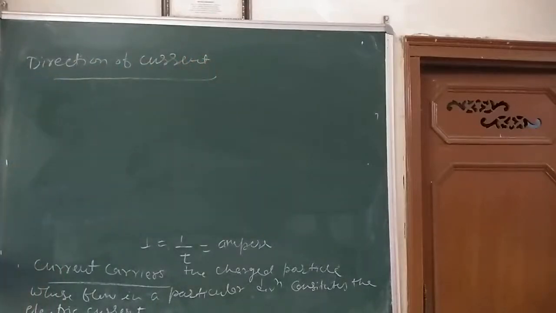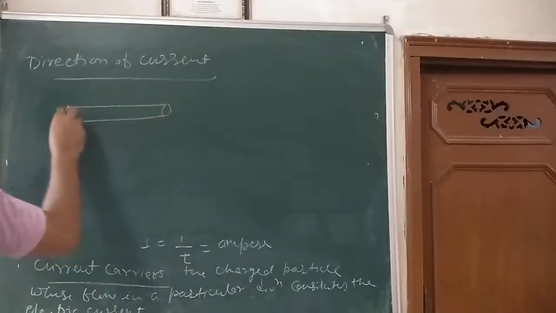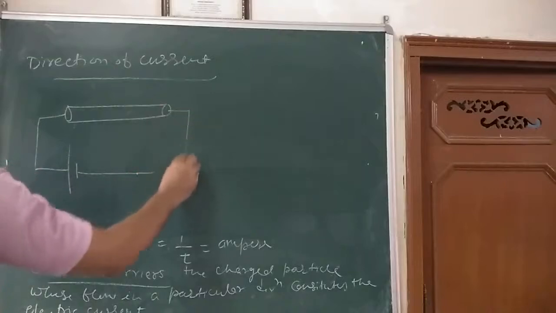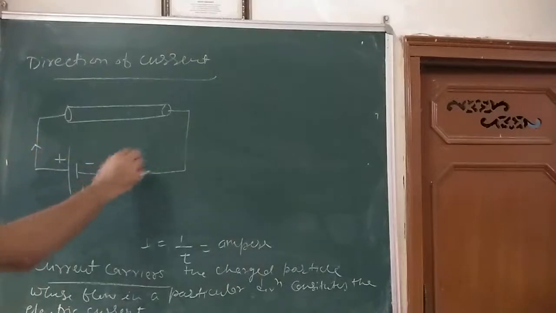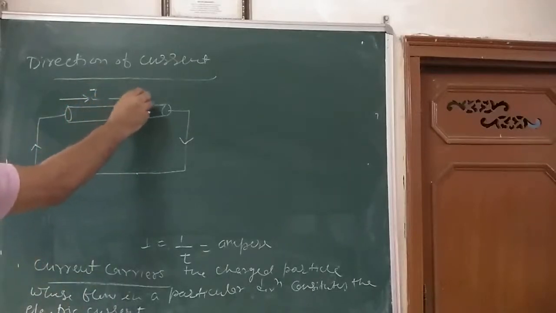Dear children, suppose here is a cylindrical conductor being connected through a cell. Say like this, it is the positive electrode, it is the negative electrode. The current is being drawn from the positive end to the negative end of the conductor. The direction of the current is this one. So the applied electric field is in this direction.